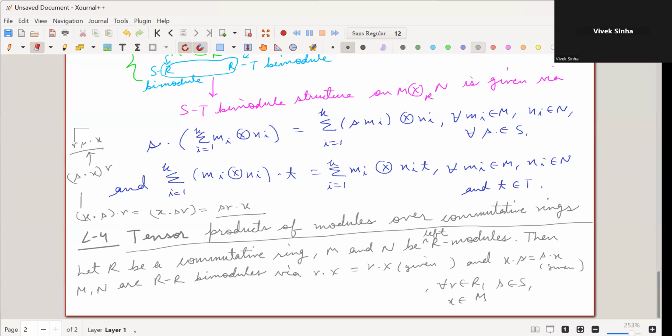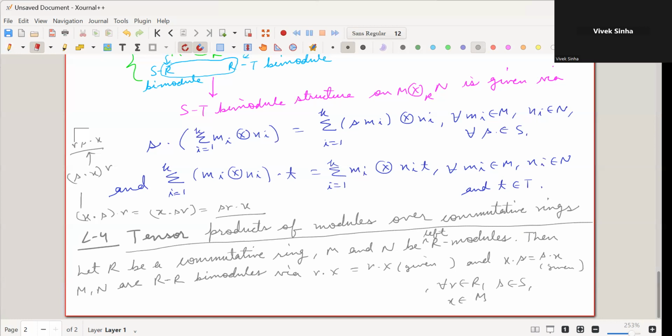But we must check all the properties considering it as a right module. So we have to check that (x·s)·r is the same as x·(sr). We check that it comes as (rs)·x and here it is (sr)·x. These are the same if and only if rs equals sr for all s and r, that means your ring is commutative.